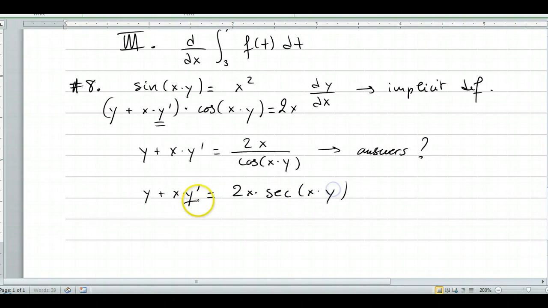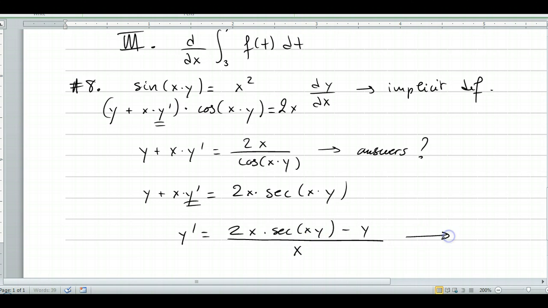And now this is very easy to solve for y prime. I'm going to do it directly. Y prime equals, so the first thing I do is I subtract y. The second thing I do is I divide by x. And this is e. Alright, I'll stop here, the first video.